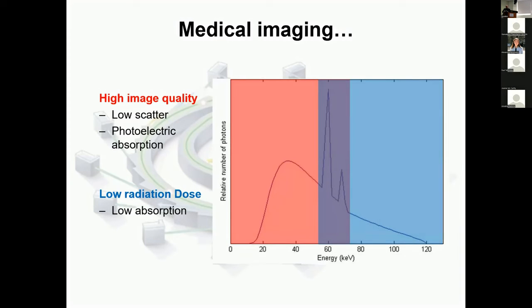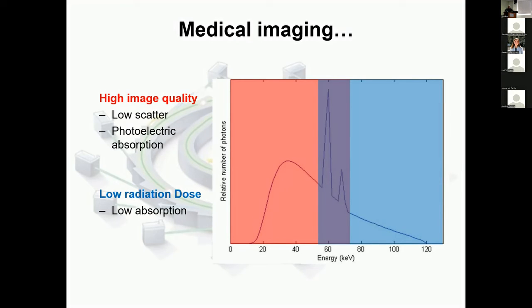Speaking for a typical X-ray spectrum, like this one, we can have high image quality in this region because we have photoelectric absorption and low scatter.